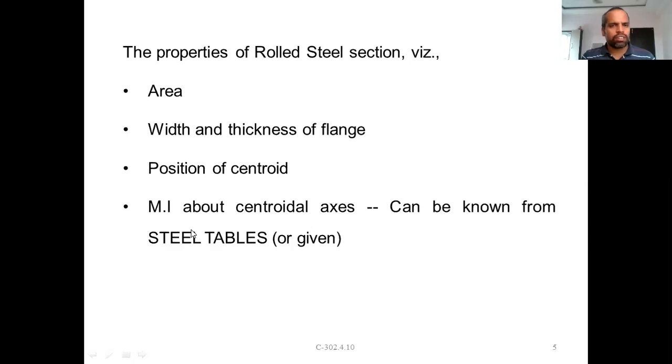It may be an I section, a channel section, whatever the section, only its own centroidal axis is considered. If you take an I section or channel section, it has its own centroid at some distance. The moment of inertia about its centroidal axis is given in the problem or available in the steel tables. That is all that is given to you.